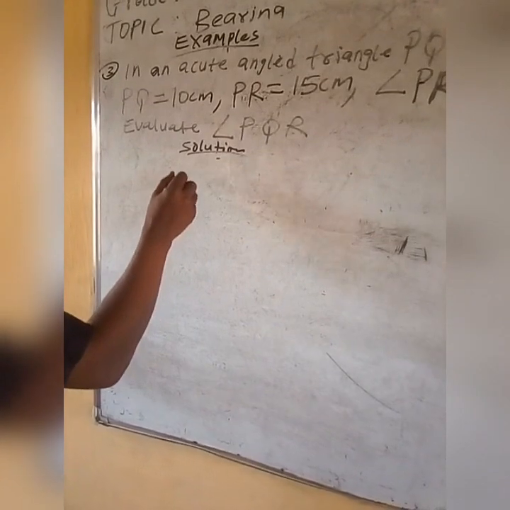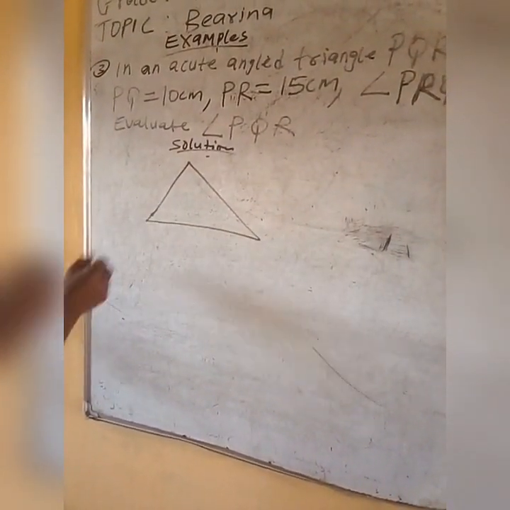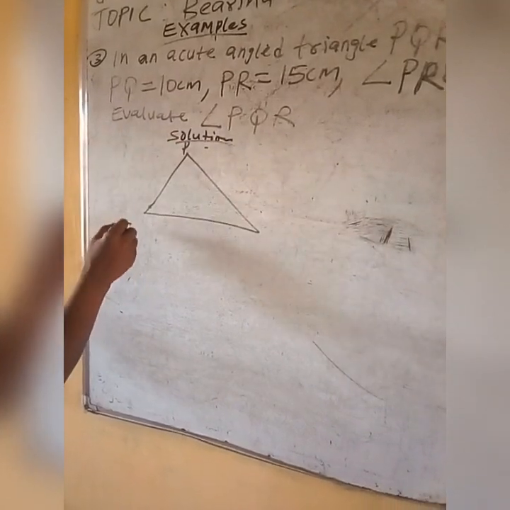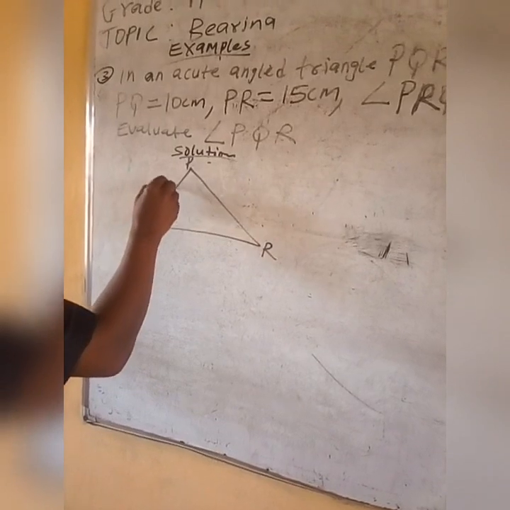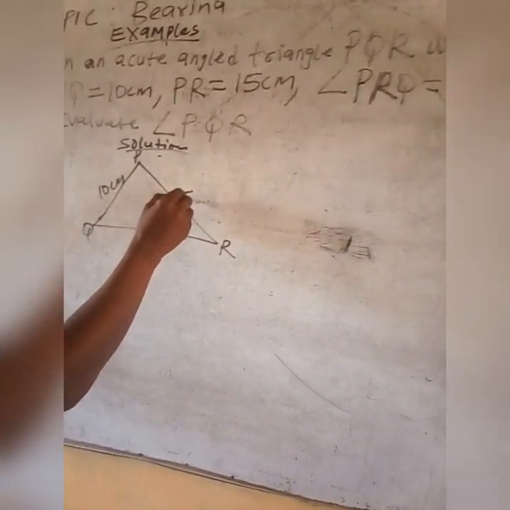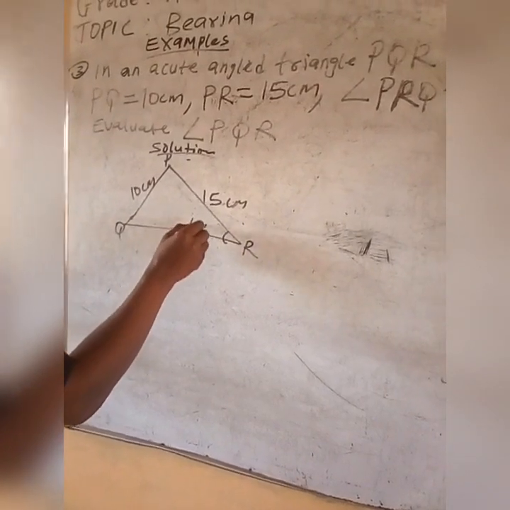We'll draw a triangle. Now this is PQR. This one is 10 cm. This one is 15 cm. This one is 40 degrees.